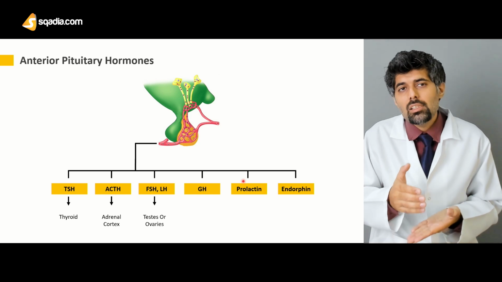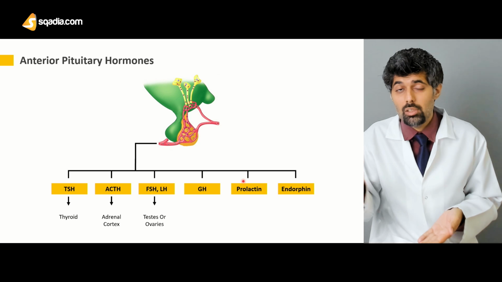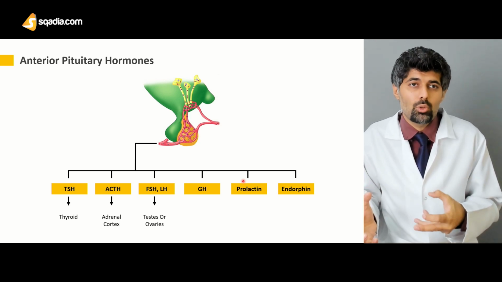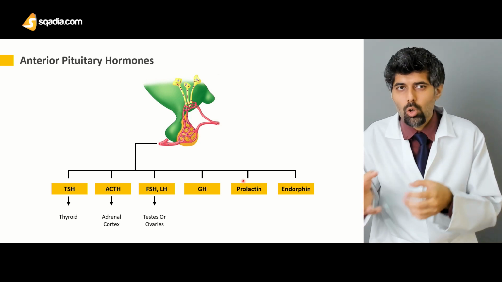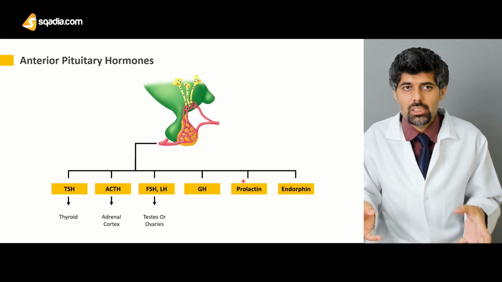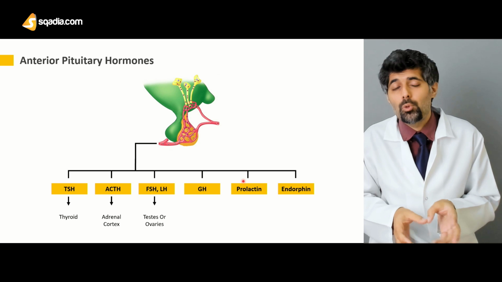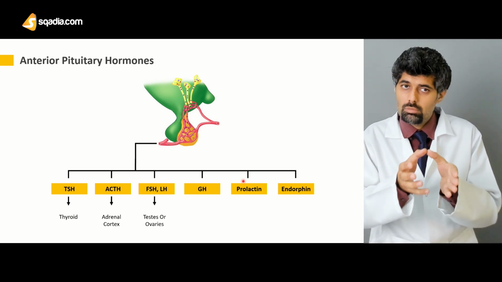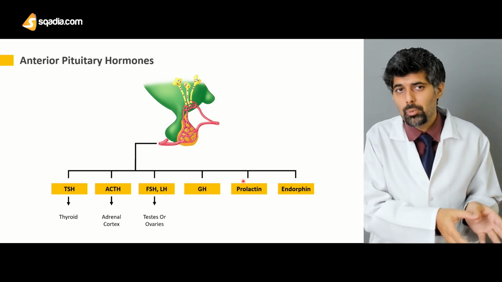And in males, they affect the amount and the rate of spermatogenesis, and they also control the growth of both testes. So these two hormones are extremely important in both males and females for fertility and the optimum growth of the reproductive system.